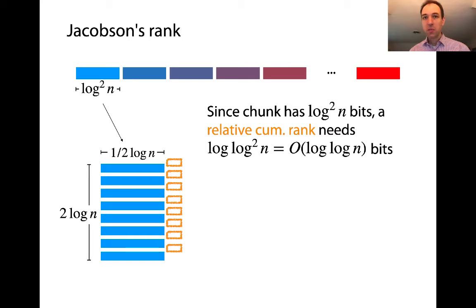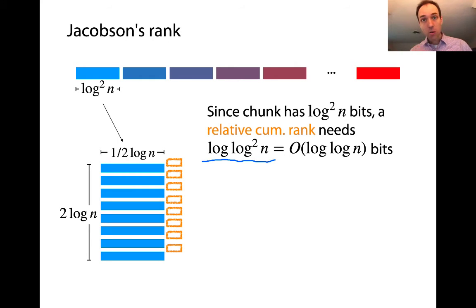A relative cumulative rank only really needs to add up to the most ones you can possibly have in a chunk. But the most ones you can possibly have in a chunk is just the most bits you can possibly have in a chunk. And the most bits you can possibly have in a chunk, the way we defined it, is log squared of n. Well, so how many bits do you need to represent up to log squared of n things? You need to take the log of it, so you end up with log of log squared n.